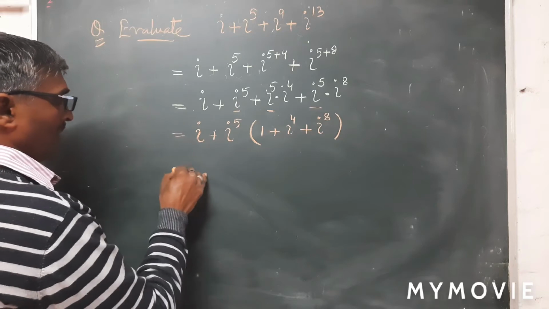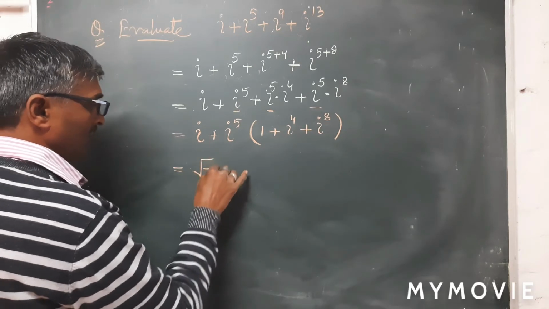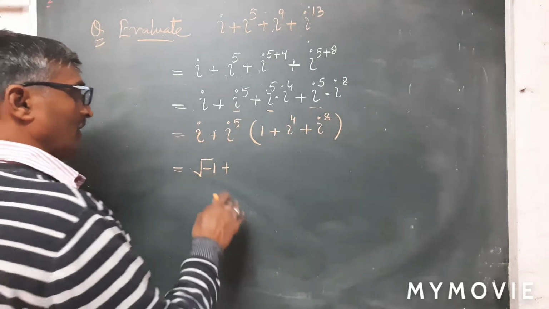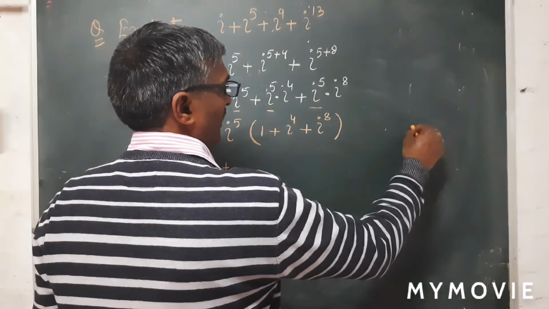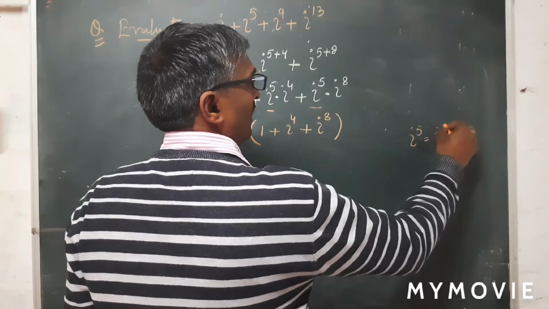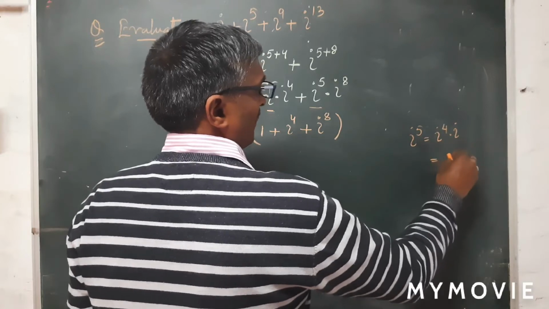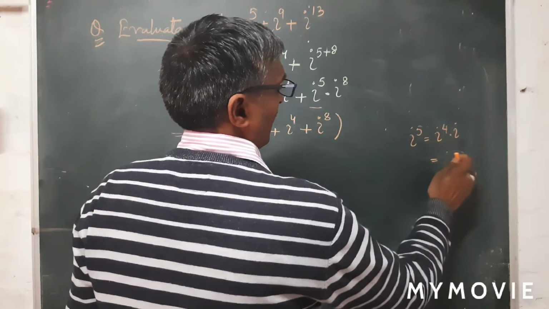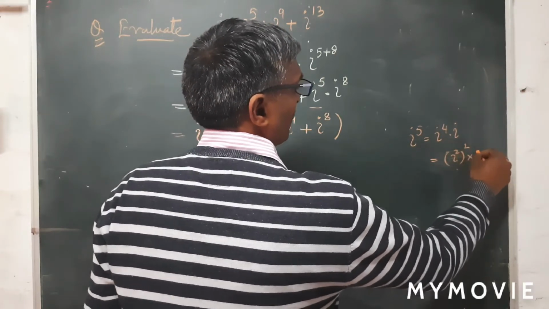Now iota is equal to what? Square root of minus 1. Iota to power 5 is equal to iota to power 4 into iota, that is iota square to power 2 into iota.